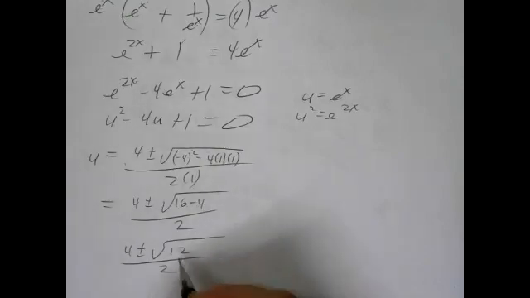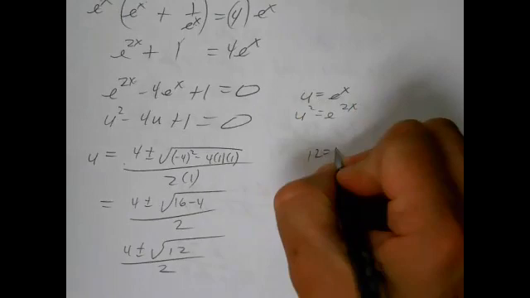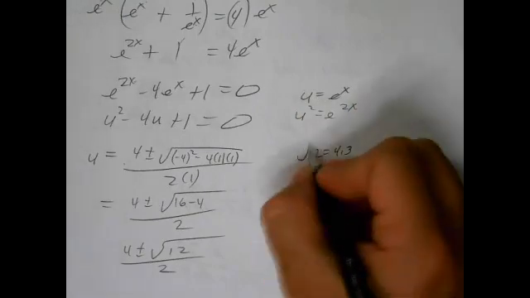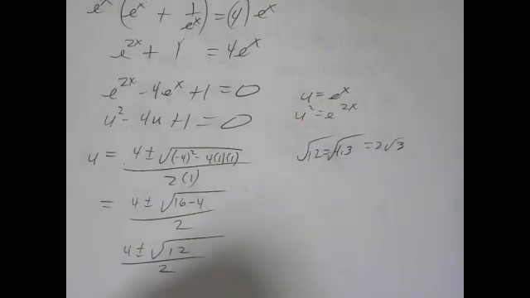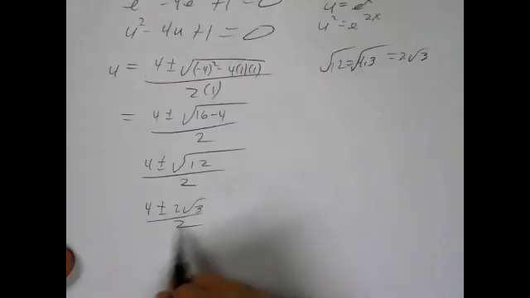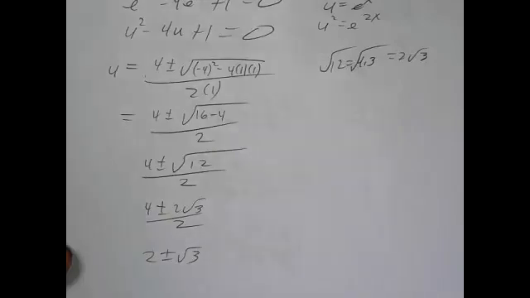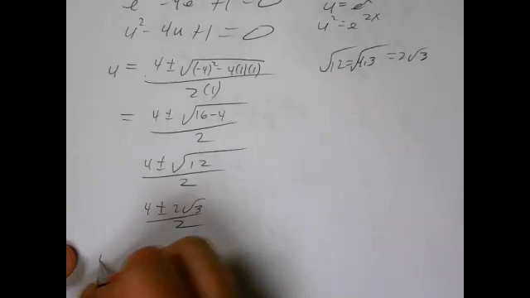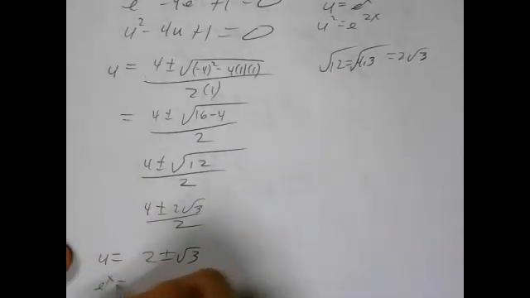Remember, 12 is 4 times 3. So taking the square root of 12 gives you a 2 square root of 3. And since a 2 will divide out everywhere, I can take it out. Okay, now is that the answer? Is that x? No, that's what u equals. And u is e to the x.